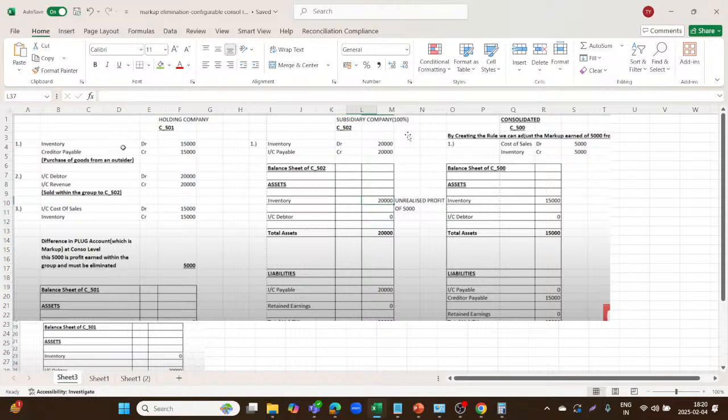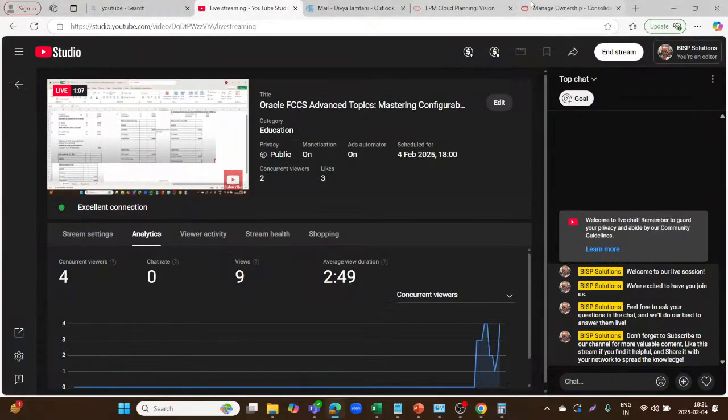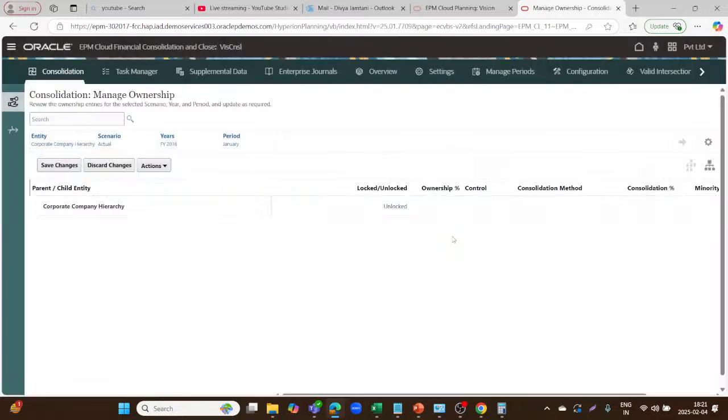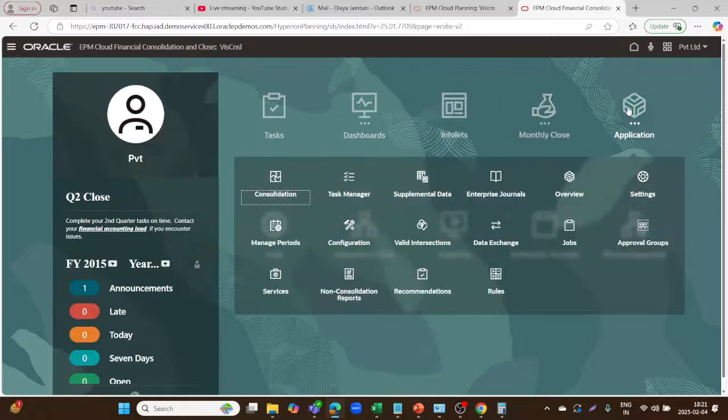And accordingly, the entry that I have done over here, we'll be creating as a configurable consolidation rule. So let's begin. Under application, we'll go to consolidation.